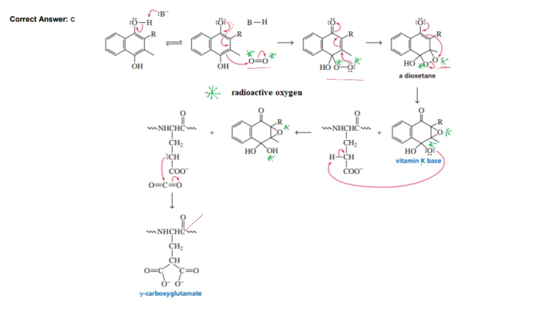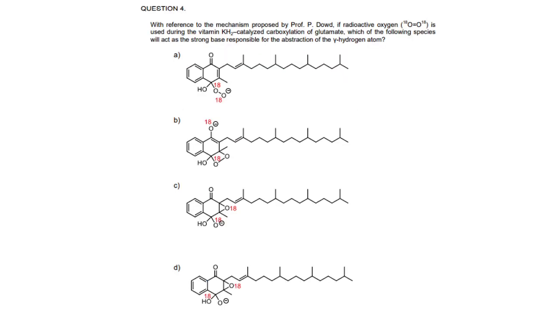It will provide the proton from here, forming a gem-diol, and then this negative charge will attack CO2 and form gamma-carboxyglutamate. So the correct answer is C.